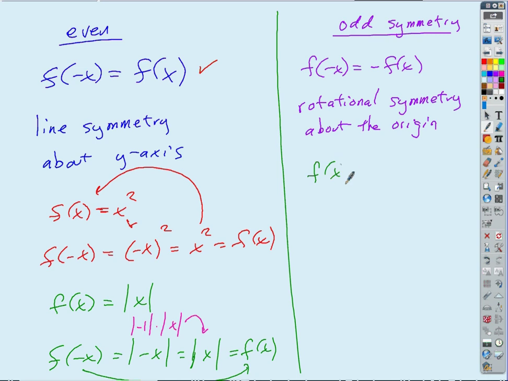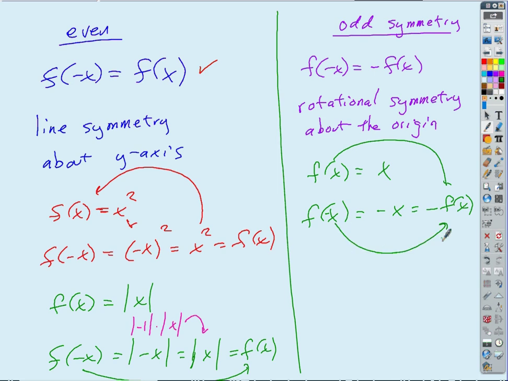So if f of x equals x, what's f of negative x equal to? Negative x, right? Well, that's equal to negative f of x, isn't it? So f of negative x is equal to negative f of x, and so we know that one, guaranteed, has rotational symmetry, it has odd symmetry.